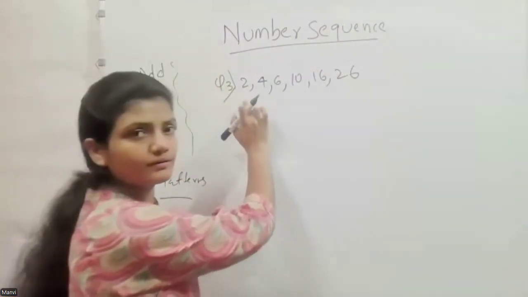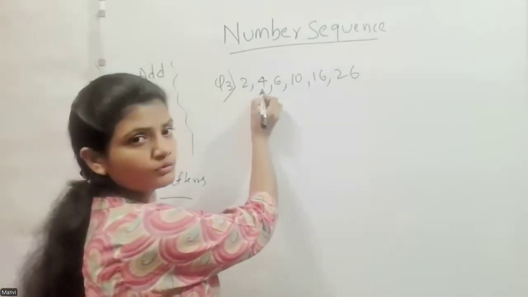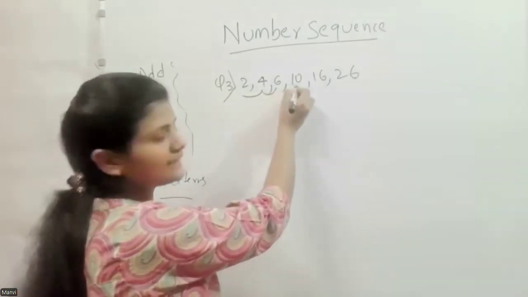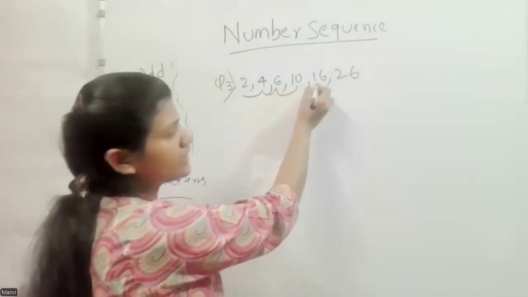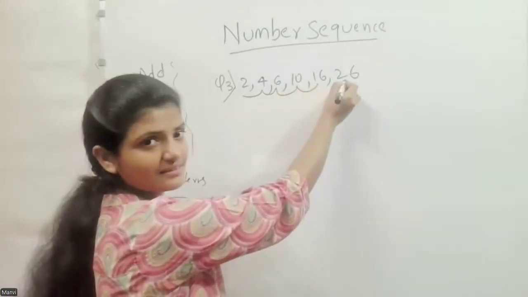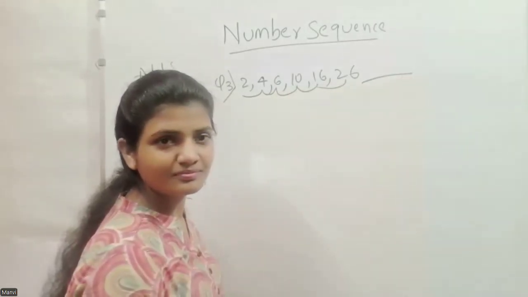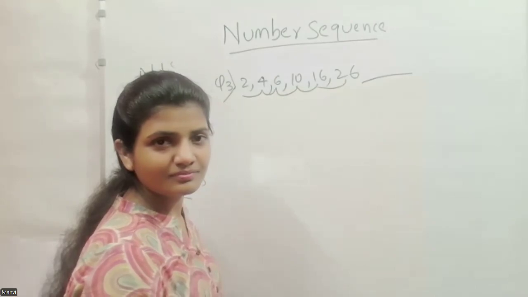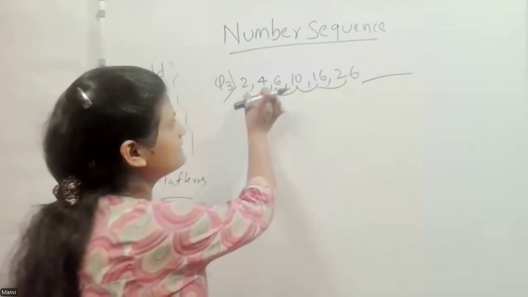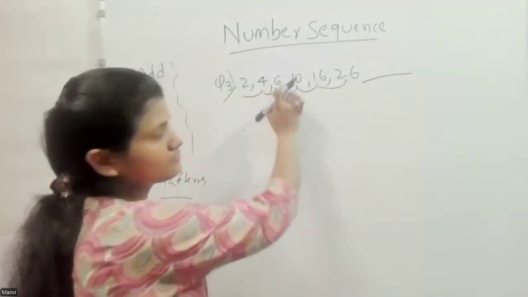What happened here is 2 plus 4 equals 6, 6 plus 4 equals 10, 10 plus 6 equals 16, 16 plus 10 equals 26. So if we add these two, then we get our next answer. Try it.